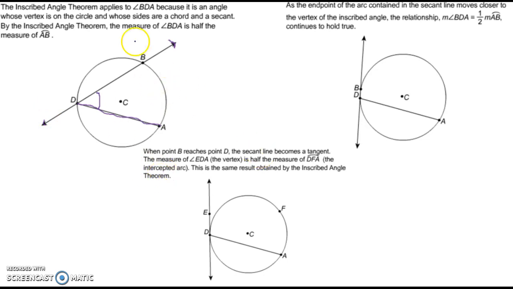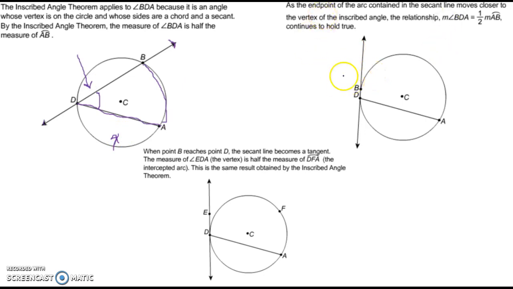So BD would be a secant, whereas DA or AD would be a chord. But the important thing here is to remember our inscribed angle theorem. Angle BDA would be half the measure of arc AB. But notice that that angle is made up of a secant and a chord. So we just wanted to point that out.